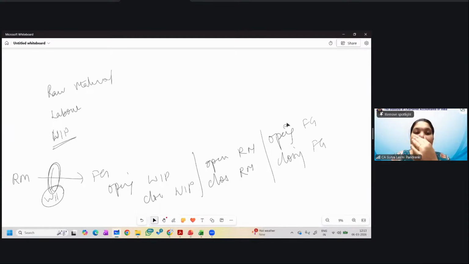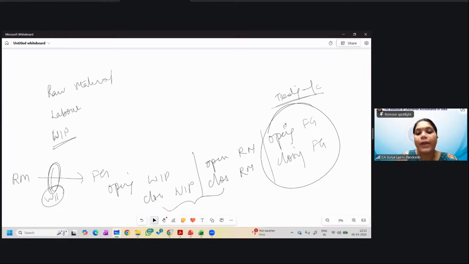Now, when you're preparing a manufacturing account, the finished goods part will go to the trading account, because these are finished goods. Opening WIP and raw materials will form part of your manufacturing account. In the manufacturing account, we are trying to see what raw materials we brought in, what process we have made, and what direct and indirect expenses we incurred.